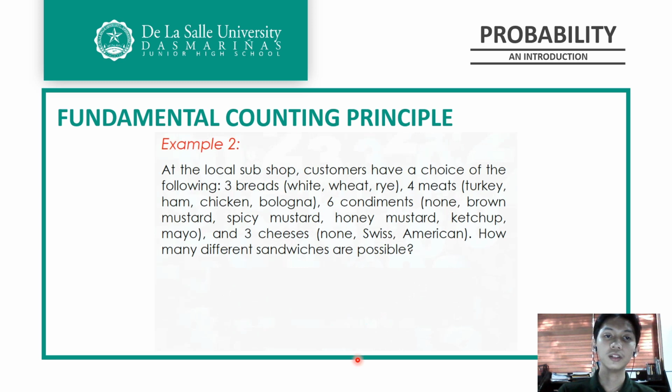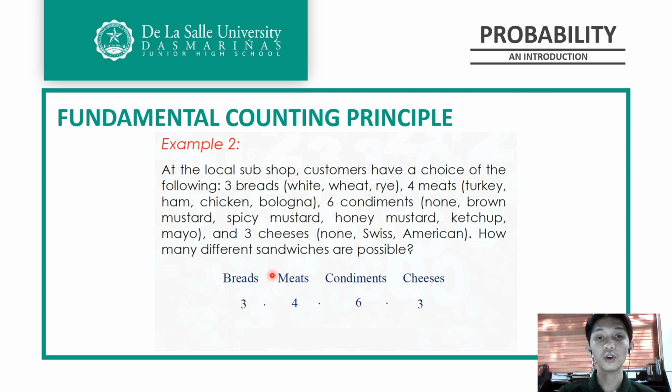Another example, this may be our last example for this video. At the local sub shop, customers have a choice of the following: 3 breads, 4 meats, 6 condiments, and 3 cheeses. How many different sandwiches are possible? So there are 4 parts for this problem.